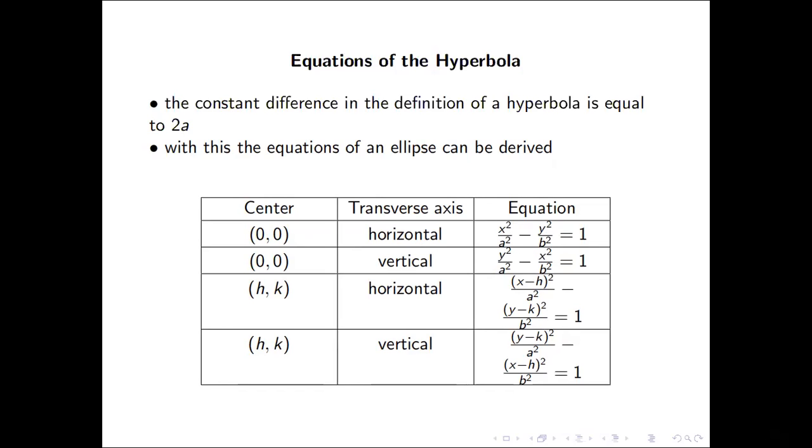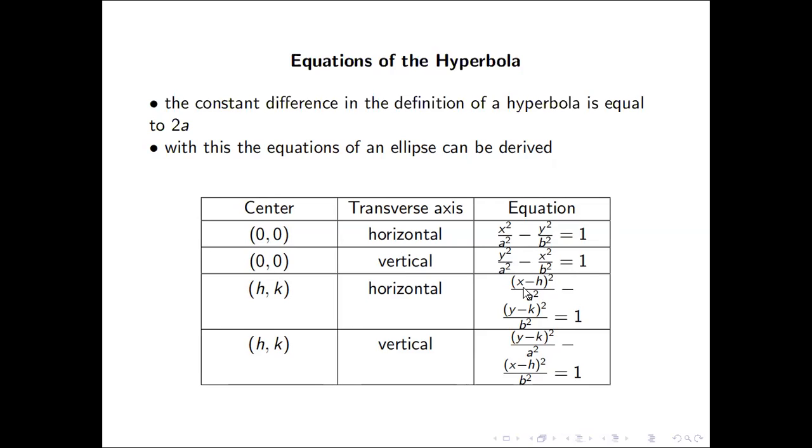Just remember that for a hyperbola with horizontal transverse axis, the a squared is under the x squared. Or sorry, rather, it's under the positive variable. Let me correct myself. If x squared is the positive variable, then the transverse axis is horizontal.